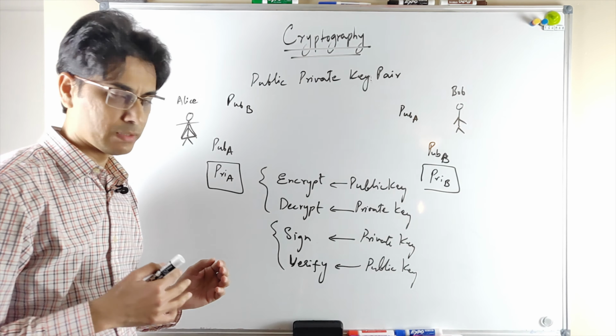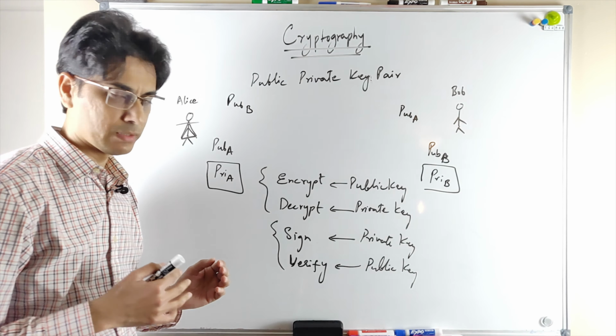Now Bob needs to validate whether this message is from Alice or not, so he will use the public key of Alice to verify this message along with the hash that was sent with it. If the verification is successful, it means that this message was indeed sent by Alice.